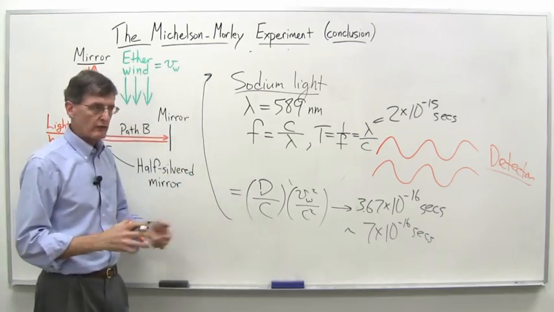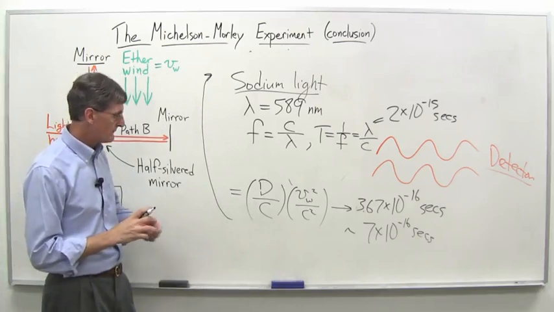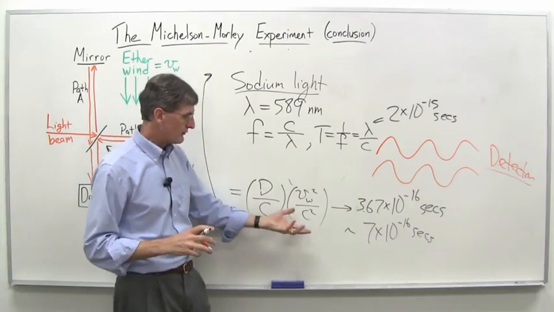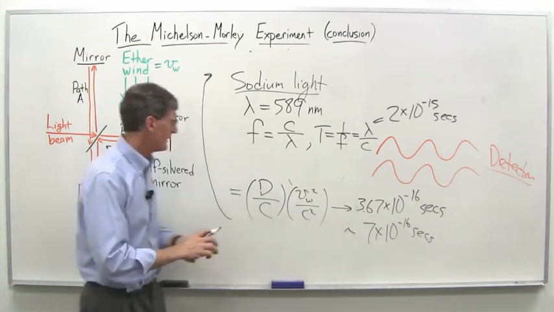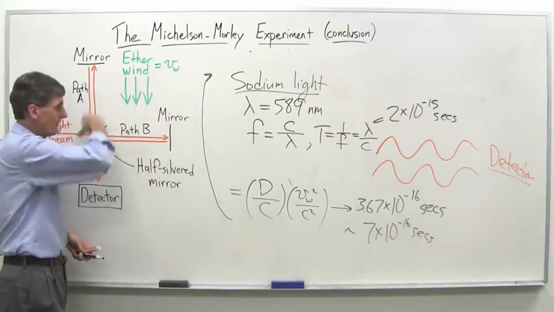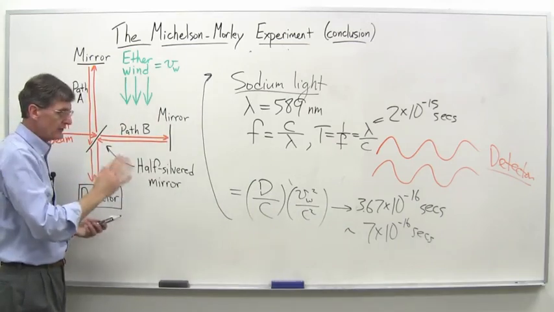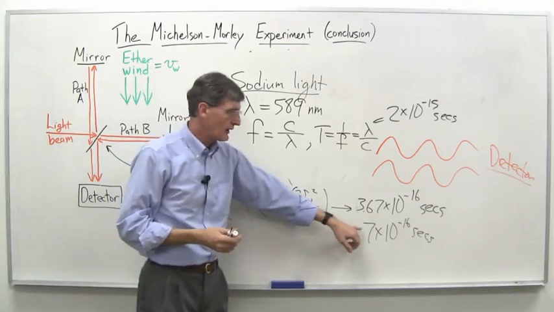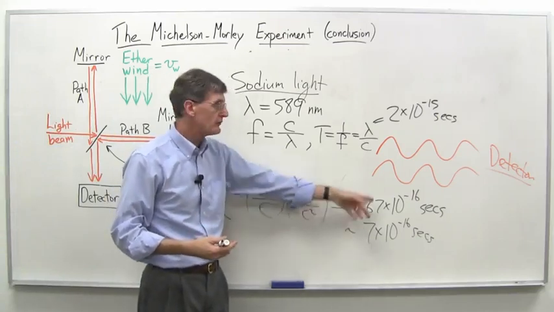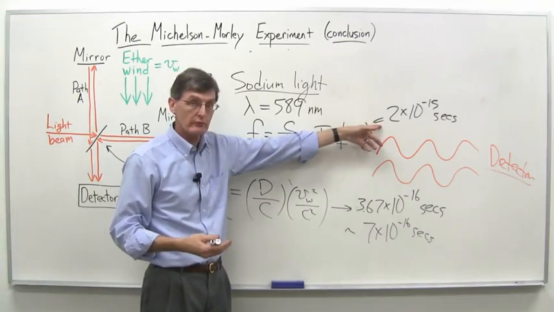How is that significant for us? Because look at this. The experimental analysis says that the time difference, if there's this ether wind blowing here, with a crosswind and then a tailwind headwind case, is 7 times 10 to the minus 16 seconds. Really, really small. But compared to the period, not so small.